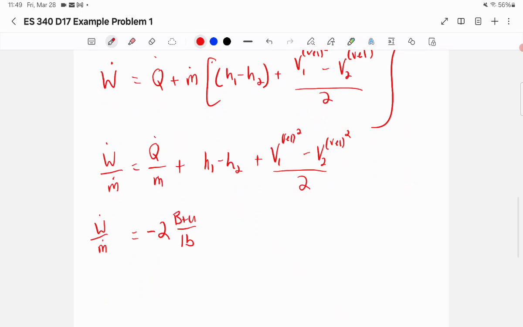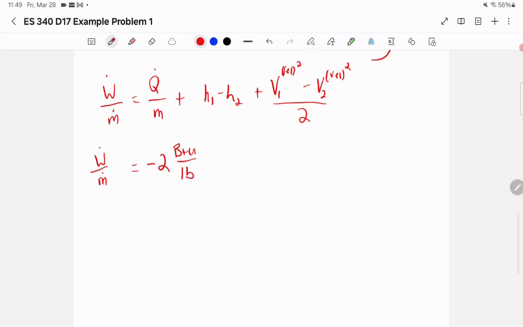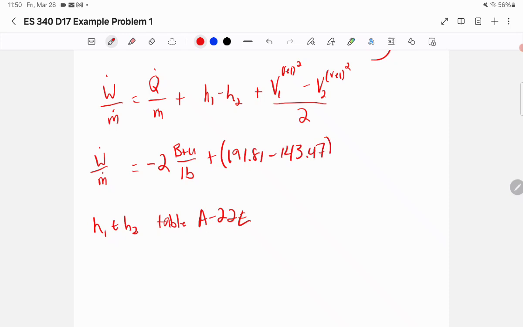Then the next piece is finding H1 and H2, which we can get off of table A22E. H1 happens to be 191.81, and H2 happens to be 143.47 BTU per pound.